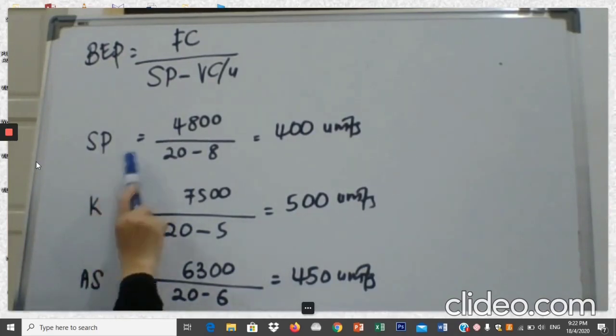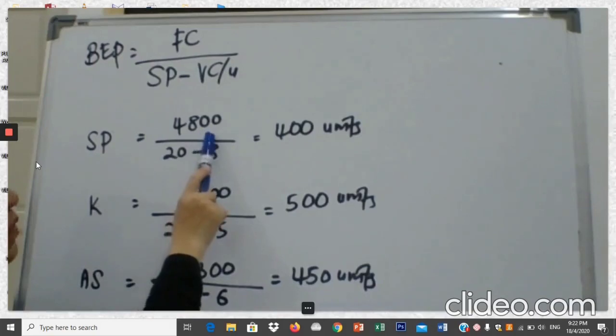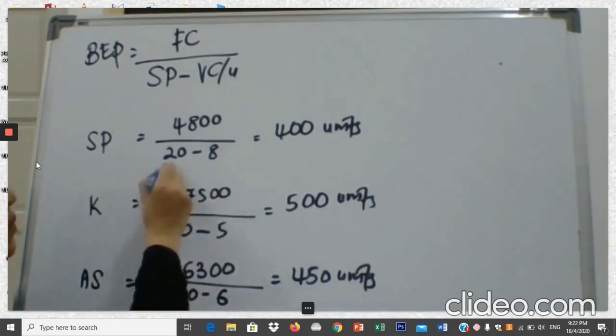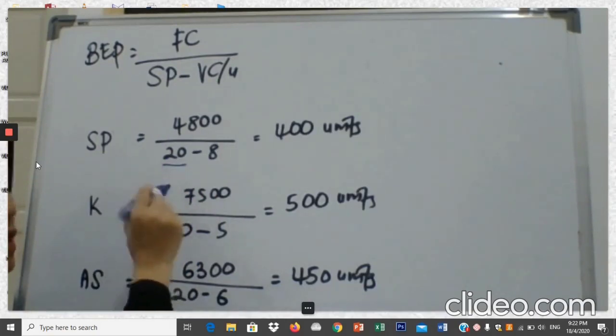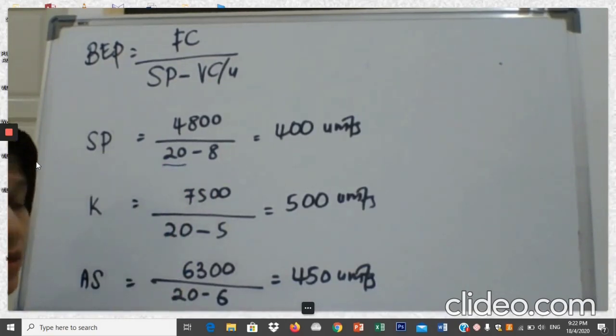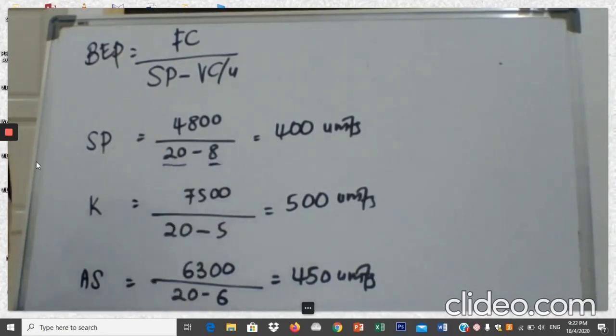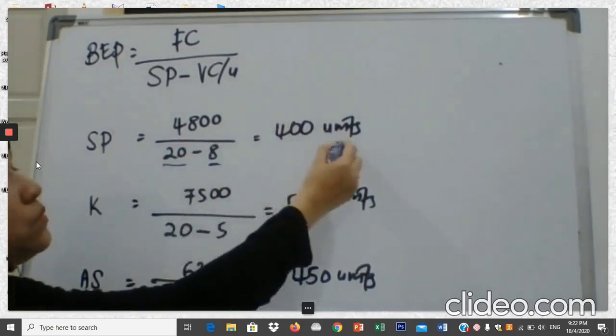For Sungai Petani, fixed cost is given as 4,800 and the selling price is 20 ringgit. You can get the 20 ringgit from the last sentence in the example: if the company plans to sell its product for 20 ringgit per unit, that is the selling price of the product. And the variable cost given for Sungai Petani is 8 ringgit. So when you calculate this, this is what you get.